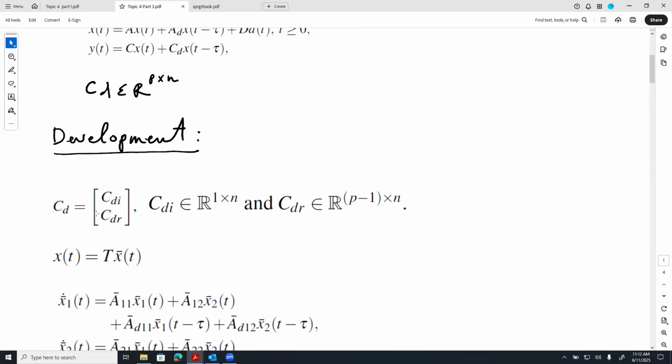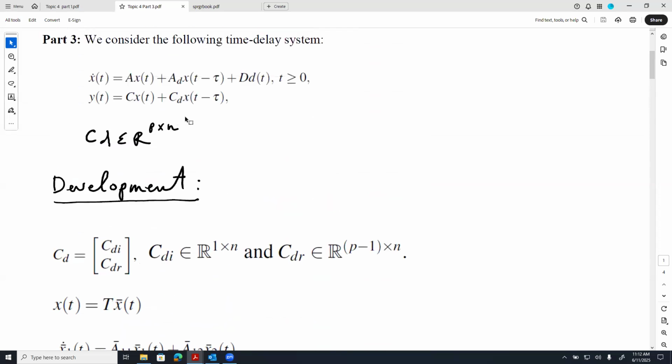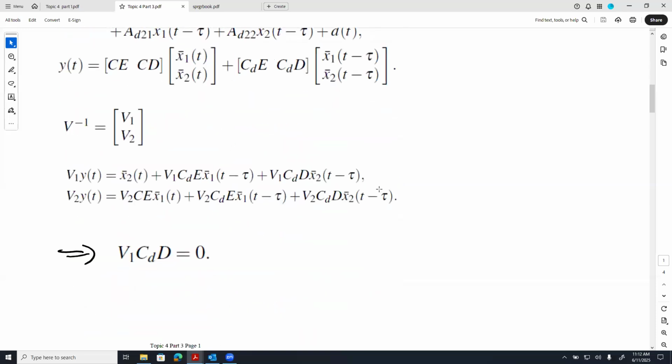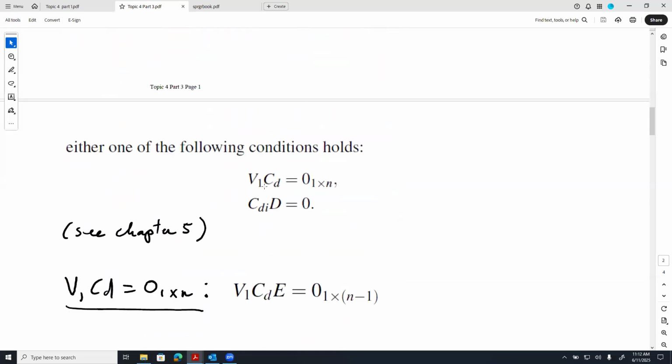It doesn't matter. So there is a restriction on the structure of matrix CD when we impose this structure.